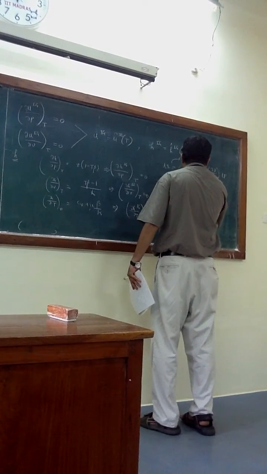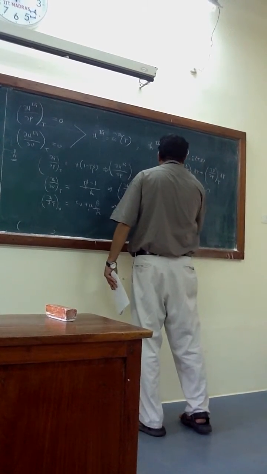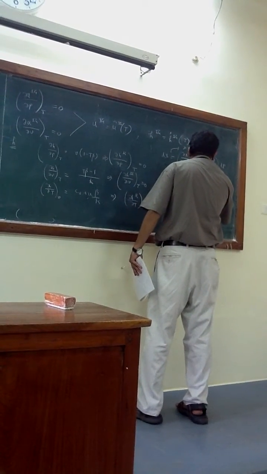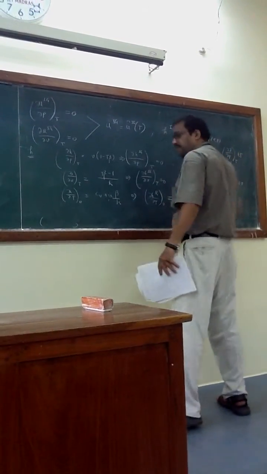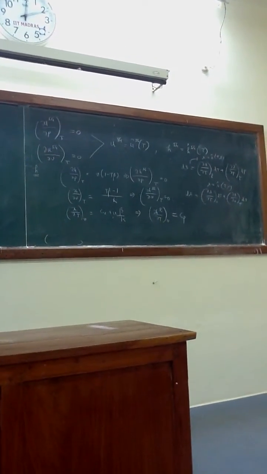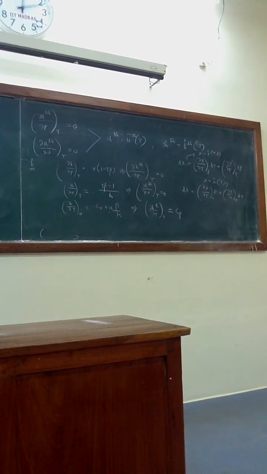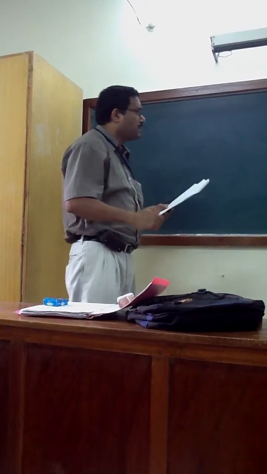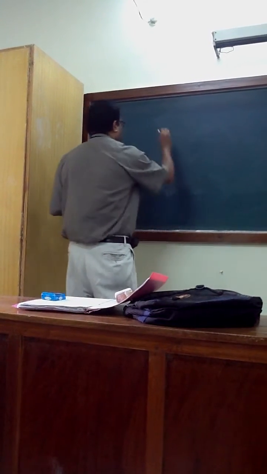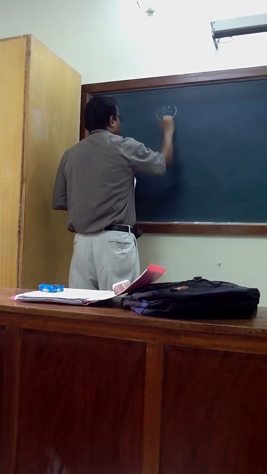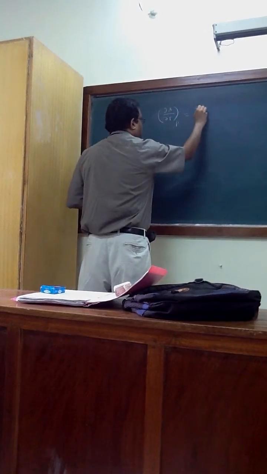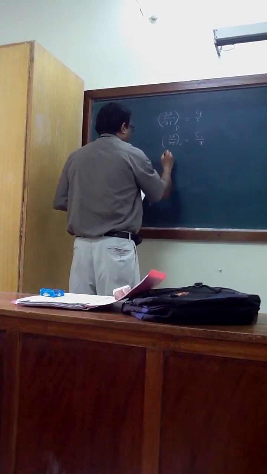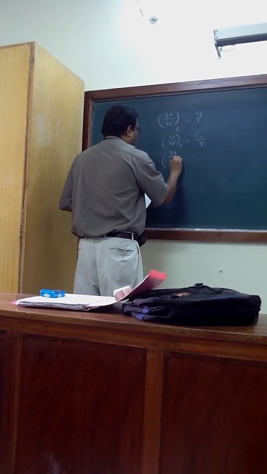We can also have S equals S(T, V), then dS equals dou S by dou T at V dT plus dou S by dou V at T dV. Now we are interested in the ideal gas, but first we write the expression for dou S by dou T at P, which is Cp by T. Am I correct? Dou S by dou T at V is Cv by T.